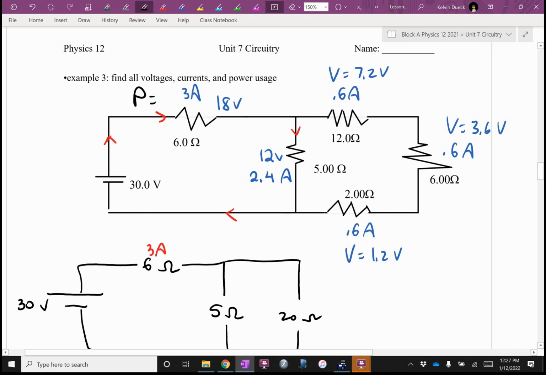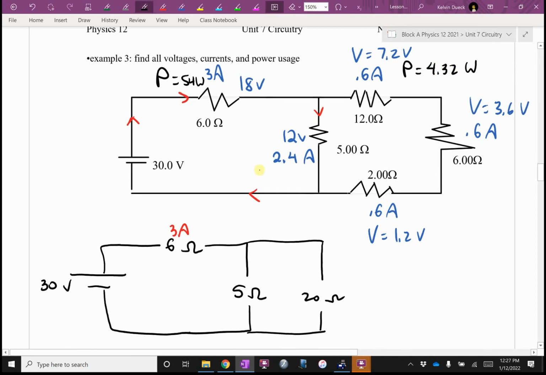How many watts in that upper left one? How many watts in the top one on the right? 4.32. The middle resistor, how many watts?